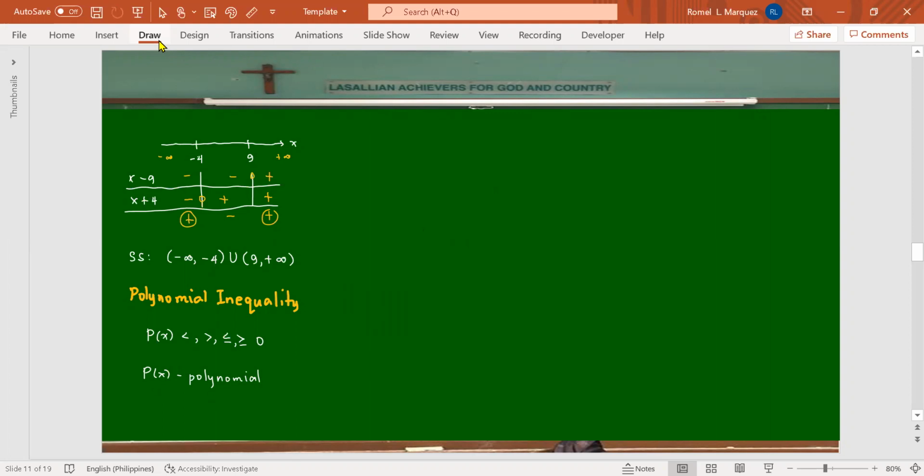How to solve? Find the solution set. Number 1, let's say I have this polynomial inequality: x minus 3, x squared minus 4, or x plus 3 here, and then x plus 5 to the 5th, less than 0.